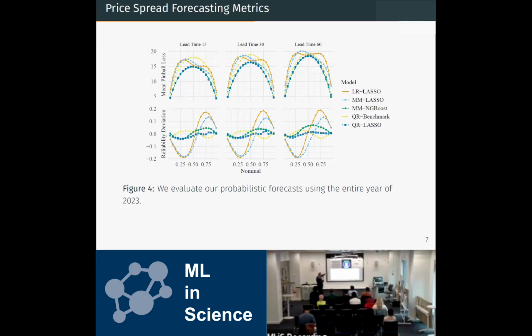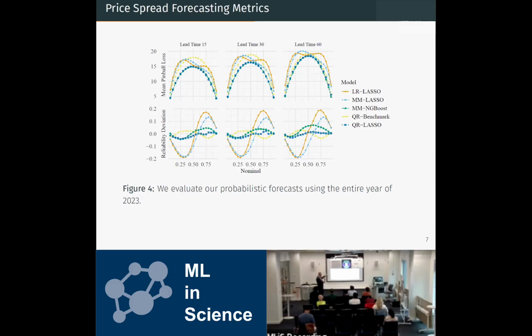So we have here the QR benchmark model, where we don't incorporate any intraday features. We're using all the other features, but not intraday. We do this because we want to show the forecasting accuracy and the power that we can get from the intraday features. This is the main contribution here.